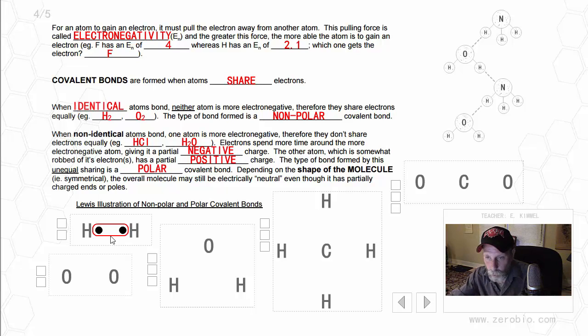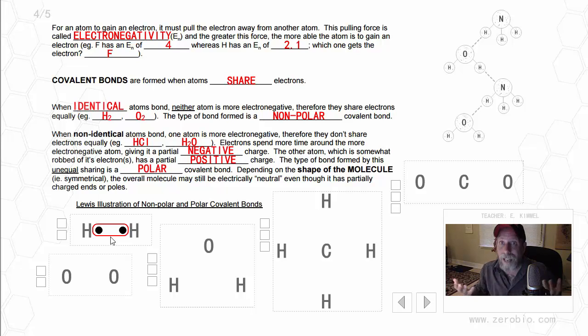Now, so why two? Well, this hydrogen on the left has its one electron, and it needs another electron to get two in the first shell, and it'll be stable. But this hydrogen on the right has one electron, and it needs the other guy's electron, so it's stable. So we draw a circle around the electrons, and we call this a bond.